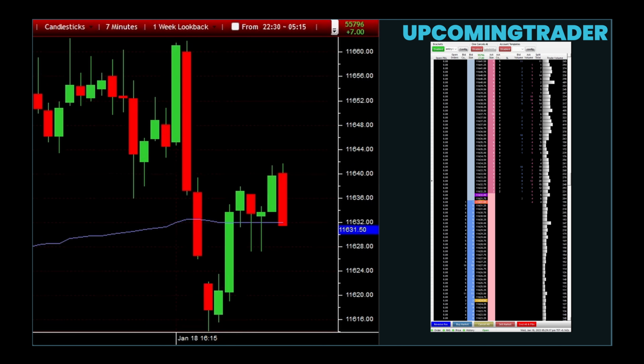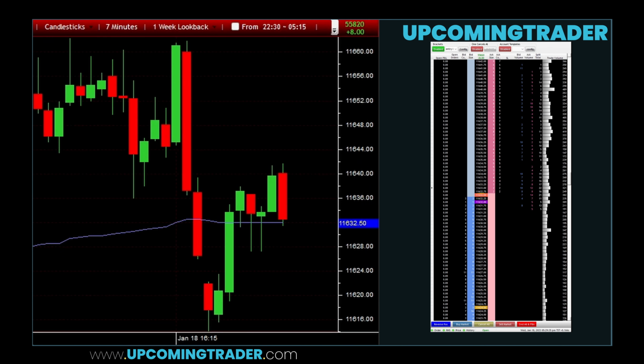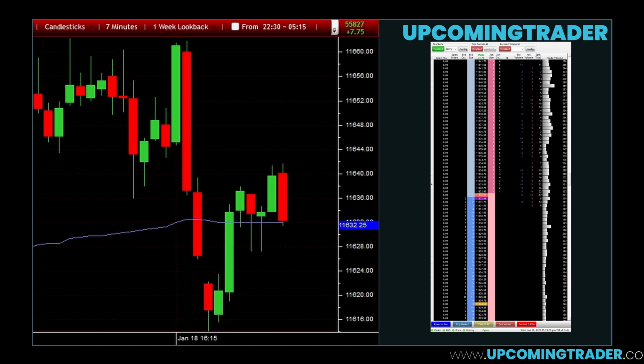Another helpful indicator is the MACD, or moving average convergence divergence. The MACD is useful for identifying momentum shifts. When you see a MACD crossover in conjunction with price reaching a key volume area, such as a high volume node or point of control, this can be an excellent confirmation that a trend change is occurring.